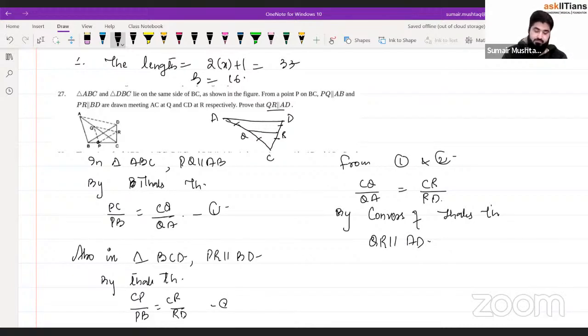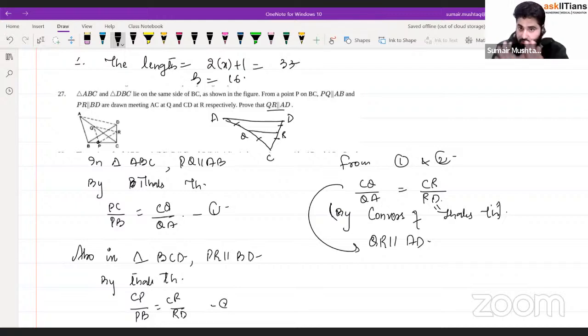Okay, now a most important thing that I want to tell you, most important. See, here I know that this theorem is known as the Thales theorem. So I have written here by Thales theorem. So what you people do in the exams, you just write this thing and directly write this without quoting the thing from which you have got it.